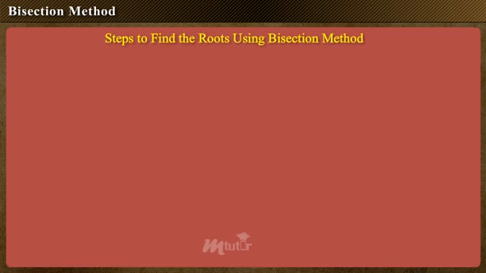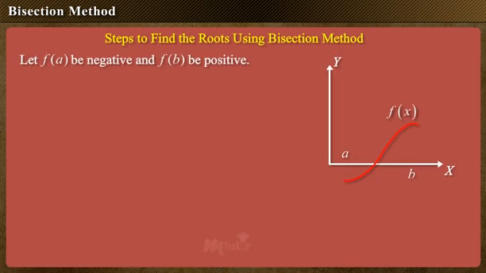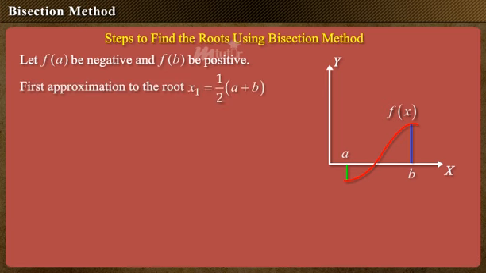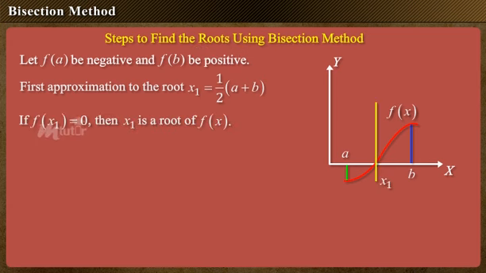Let us discuss on how to find the roots of an equation using bisection method. For definiteness, let f of a be negative and f of b be positive. Then, the first approximation to the root, say x1, is as displayed on the screen. If f of x1 is 0, then x1 is a root of f of x.